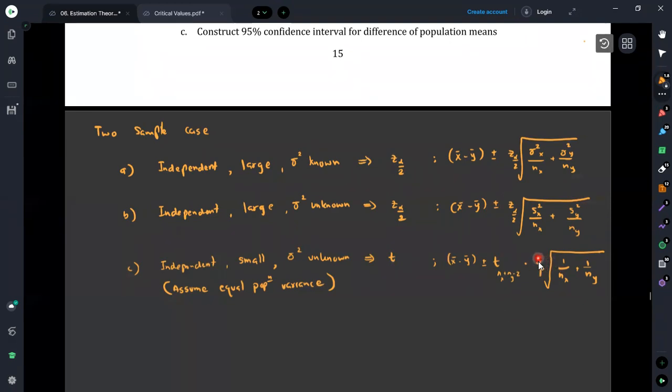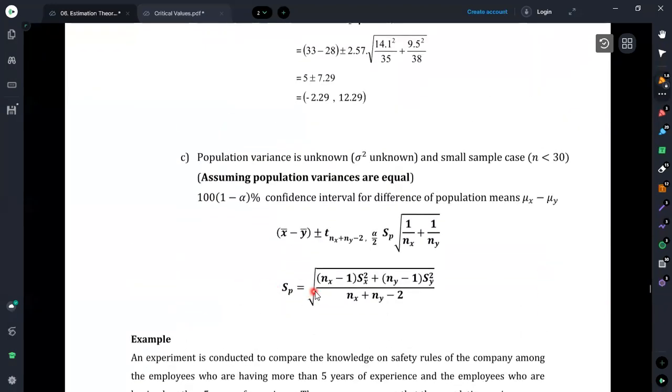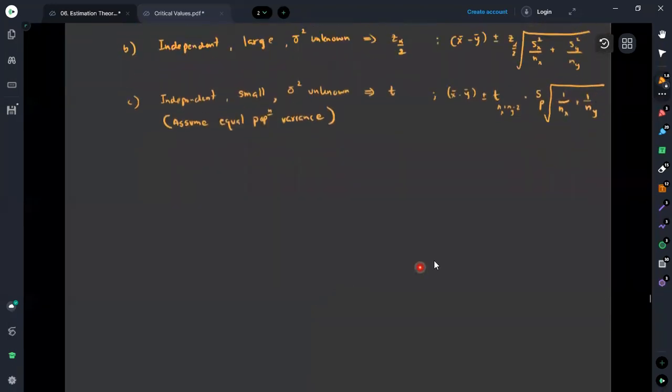We can denote this as the pooled sample. If it is SP, then it is the pooled sample standard deviation.